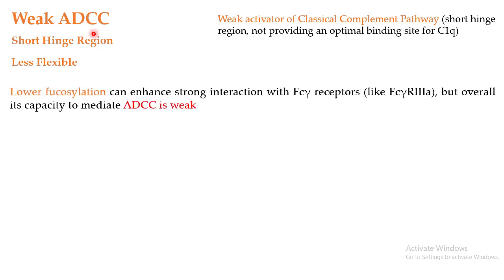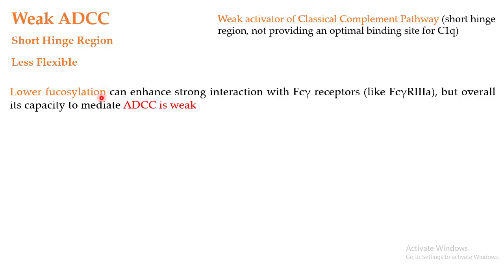Now, in my last videos, I've told you that lower fucosylation is responsible for enhancing a strong interaction with the Fc gamma receptor. But when you look at the overall structure of the immunoglobulin G4, like its short hinge region and its less flexibility, that is going to collectively make the immunoglobulin G4 a weak activator of the antibody dependent cellular cytotoxicity.